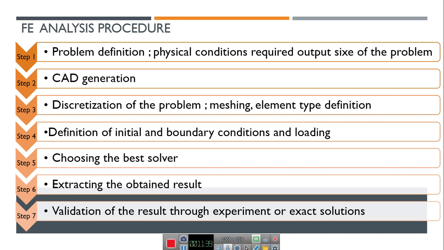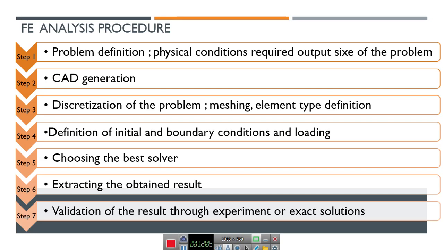Moreover, in different cases, for example, in the vibration case, we use a vibration and dynamic model solver. In dynamics, we have steady state or transient conditions, and based on the application, we use the appropriate solver.